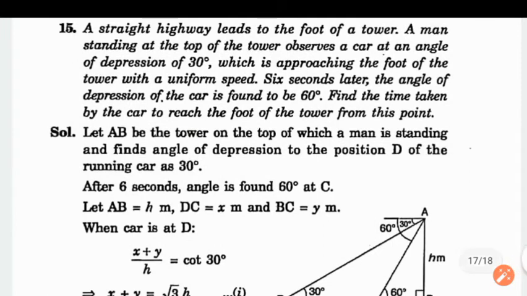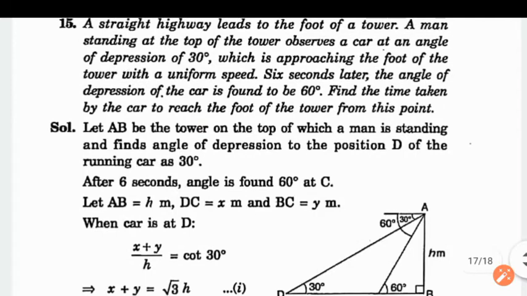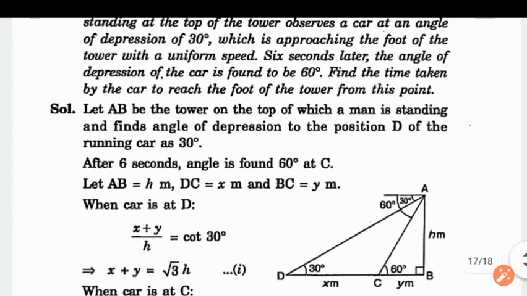6 seconds later, what happened? That car will not stay there, it will move some further distance, right. So, 6 seconds later, the angle of depression of the car is found to be 60 degree. Obviously, the angle of depression will change. What are we required to find?